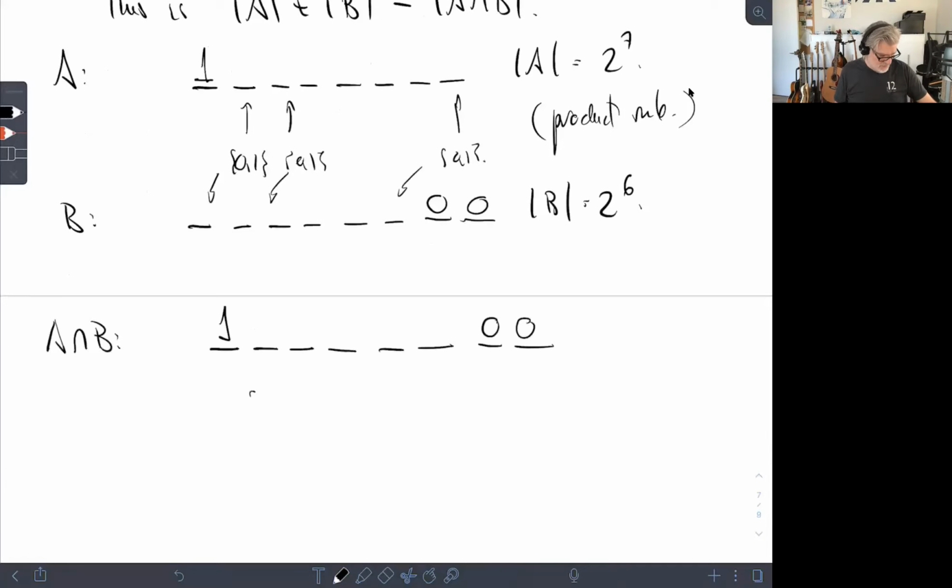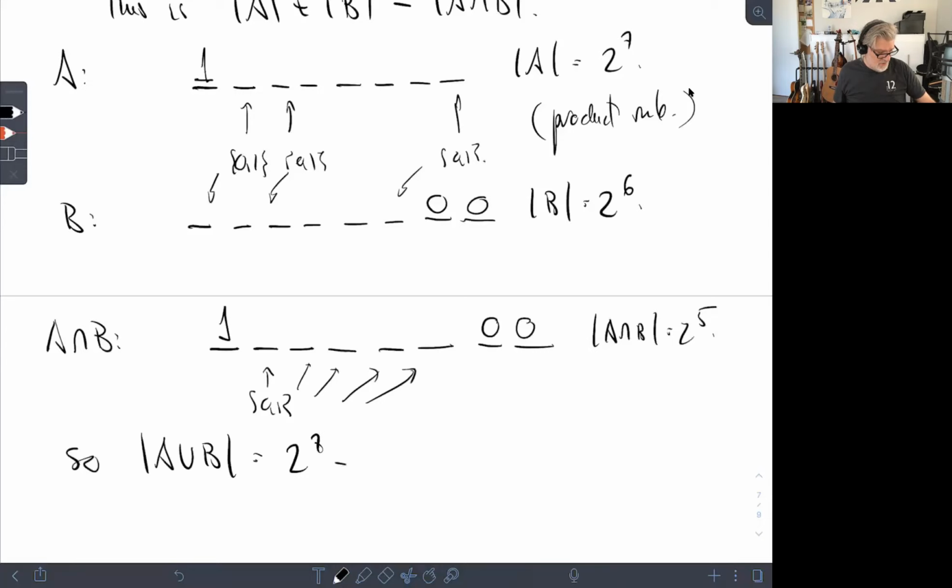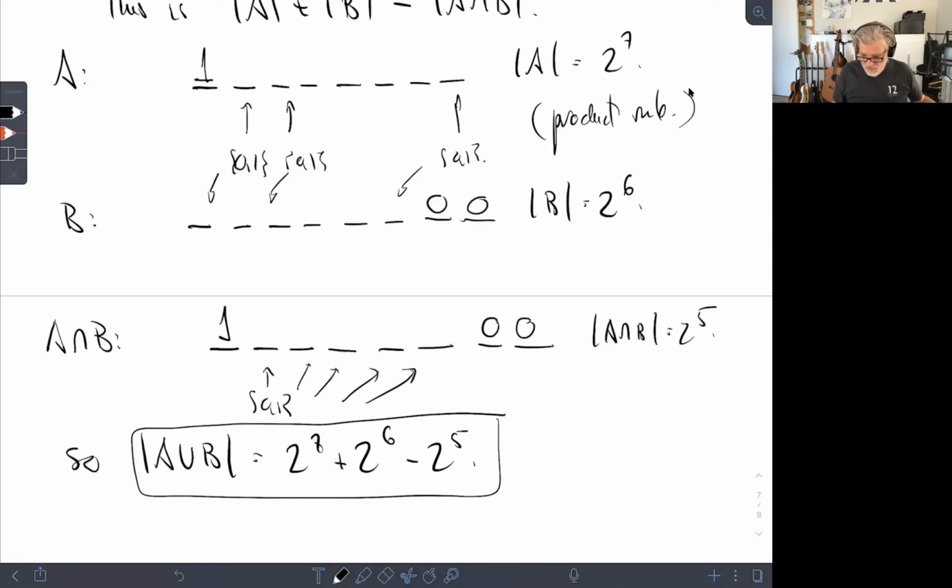So again, this is straightforward product rule. That's 2 power 5, right? There are 5 free spots. And so what we are counting is 2 power 7 plus 2 power 6 minus 2 power 5. The actual number is 160, but it's not relevant. Okay.